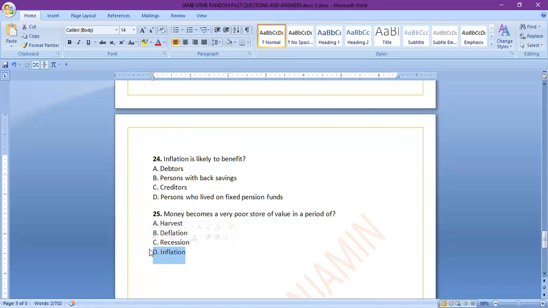Money becomes a poor store of value in a period of inflation. I think I've already explained it there. When there is inflation, and you store your money or you keep your money without investing it, at the end of the day, the value of the money gets eroded by inflation, and therefore, with time, the value of the money will keep decreasing because of the impact of inflation. Yes. So that is that.